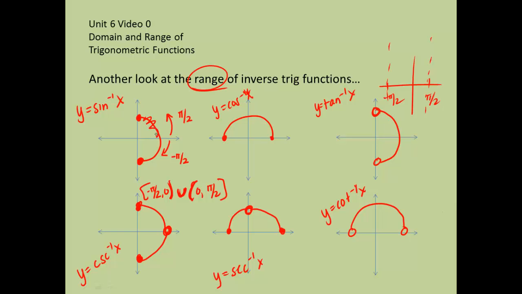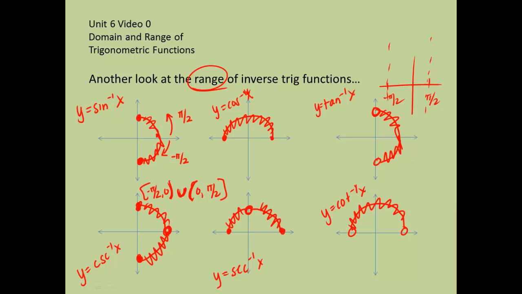So anything along or in this part of the unit circle are valid values, excluding these open circle endpoints or anything in between here where we do not have values. So when you're choosing the correct answer, make sure that you're choosing something from the quadrants in which the function is allowed to produce values.